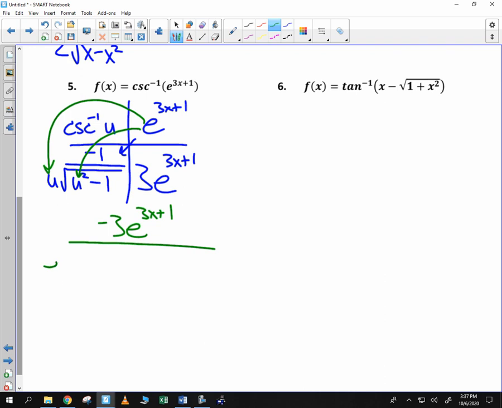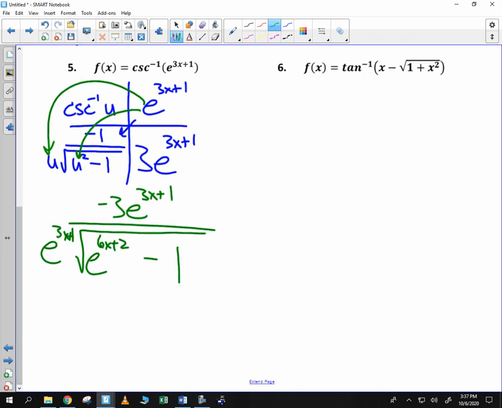And so we get e to the 3x plus 1 root of e to the, when we square it, we get 6x plus 2 minus 1. Notice what cancels. And we get -3 over the root of e to the 6x plus 2 minus 1.